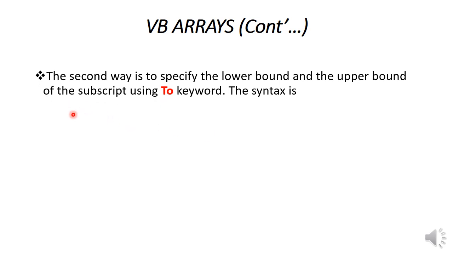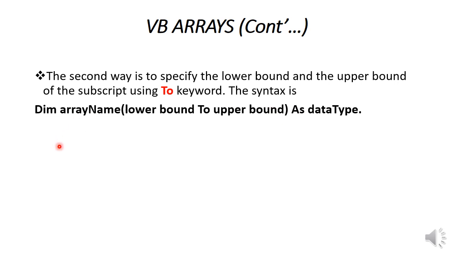You can also overcome the problem of being confused about the total number to be stored by an array in Visual Basic by declaring an array so that you can specify the lower bound and the upper bound of the subscript using two keywords. Let us see the syntax. So here I have declared an array which is called array name, and here I show immediately the first memory location of my array and the last memory location.